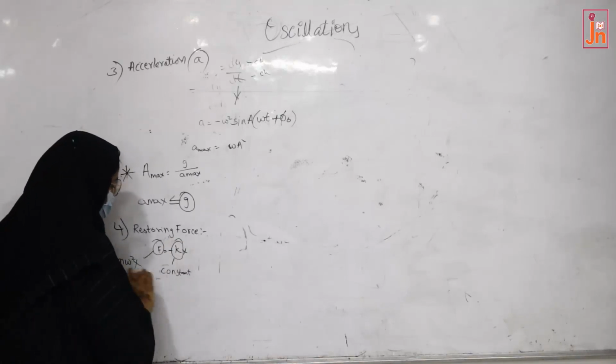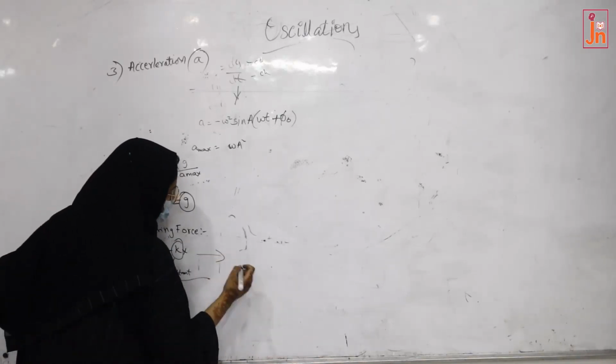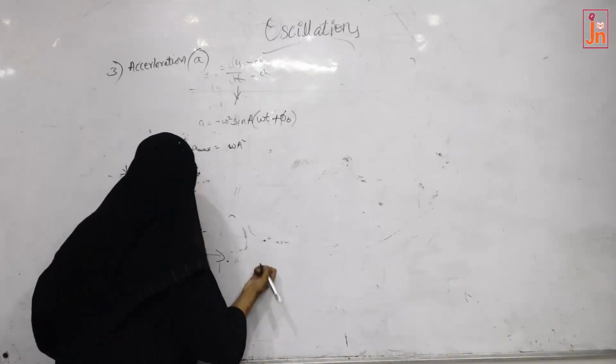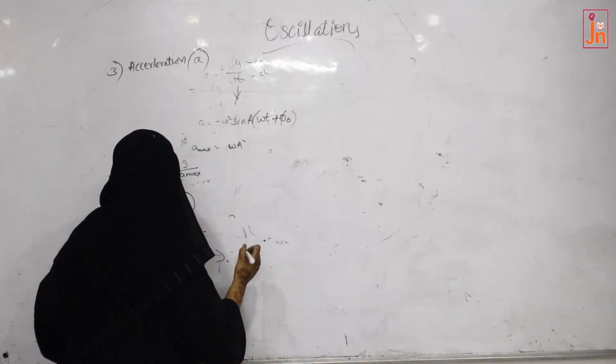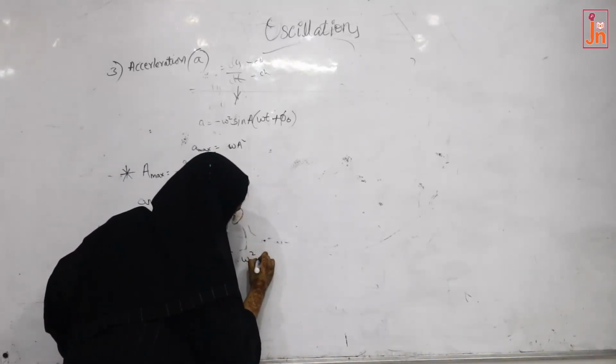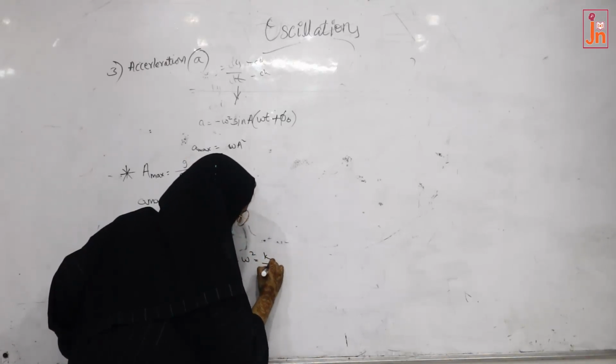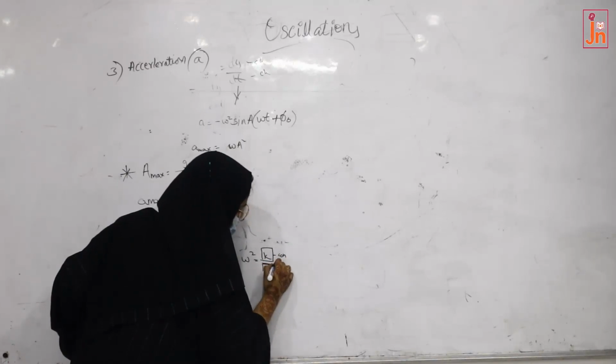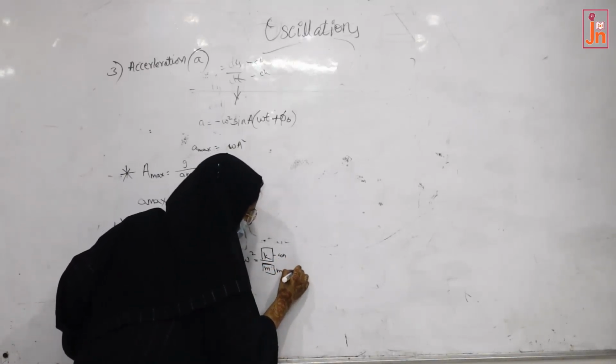So on simplifying this, we find omega square is equal to k by m. Here k is constant while m represents the mass.